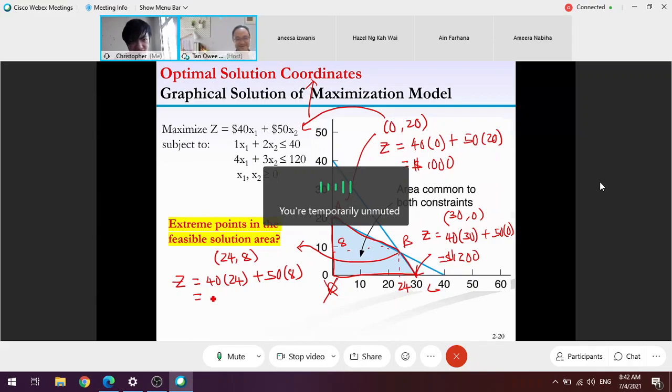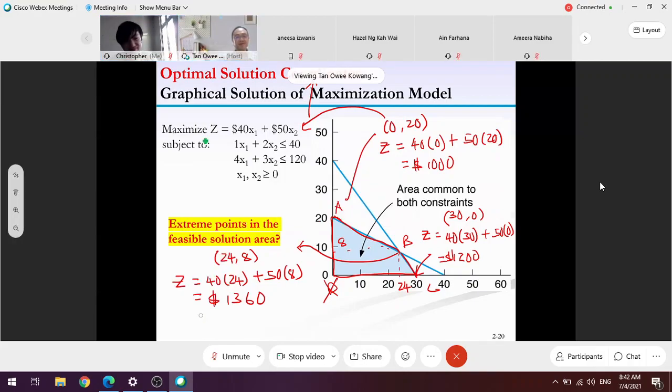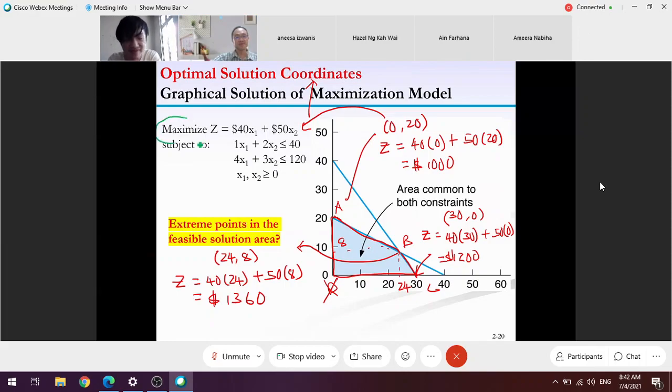30, 16. So what is our objective for this linear programming? Maximization or minimization? Maximization, is that so? Okay, let me change the color of the pen. The objective is maximization.